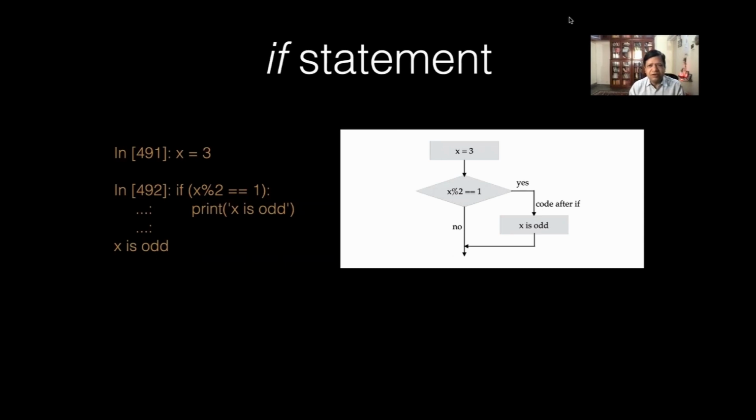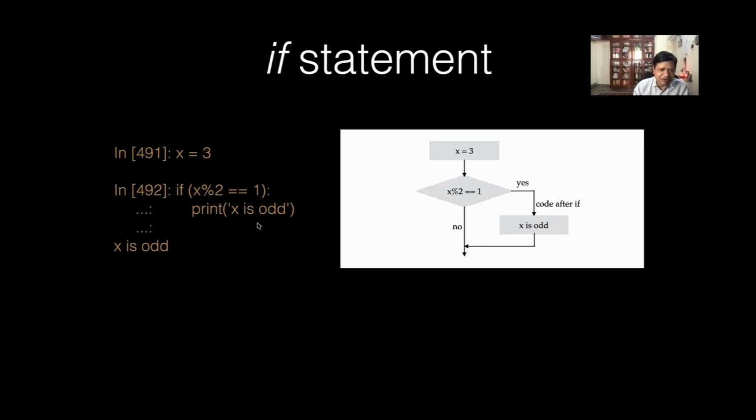Now if this condition is true, yes or true, then it comes to this code, and if it is not true, then it just goes out. It skips this block here. So the block after if will be executed if the condition is true.